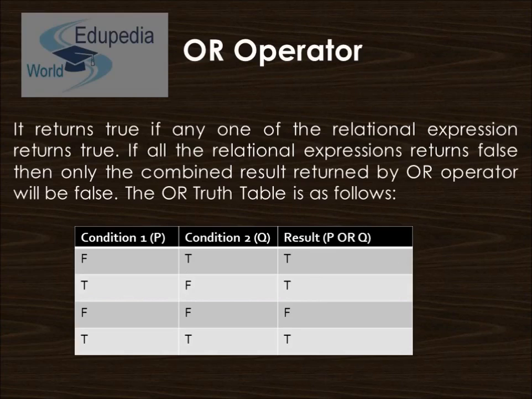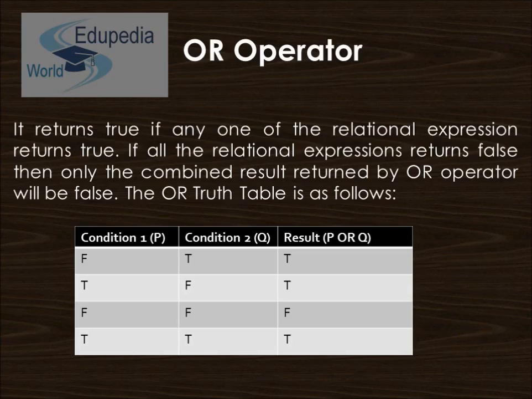Then comes the OR operator. It returns true if any one of the relational expressions returns true. So only if all the relational expressions return false will the combined result returned by the OR operator be false. The OR truth table is as follows.